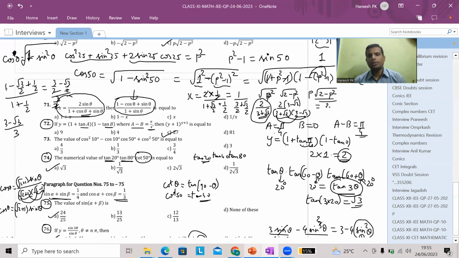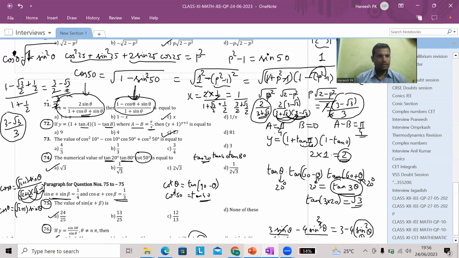So I'll end up getting 2 into 3 minus root 3 by a square. A square is 9, B square is 3, 9 minus 3 is 6. So I'll end up getting this. That means what? This value and this value both are matching. So that means this and this both are one and the same. So if I assume this is x, this also is x. So the answer is option C.